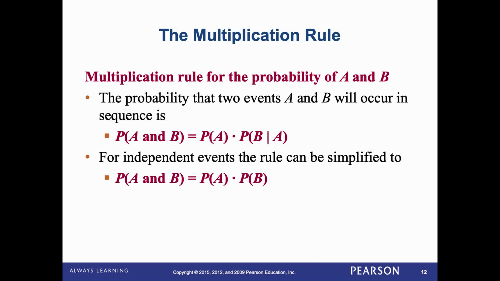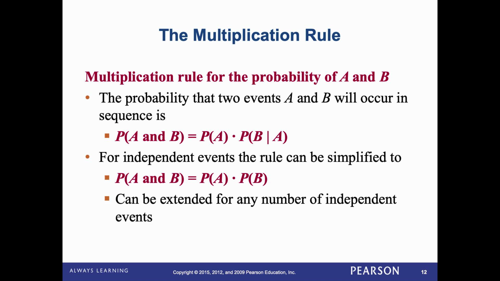If they were independent, like the coin and the die, you would just multiply the two independent probabilities together. All right?